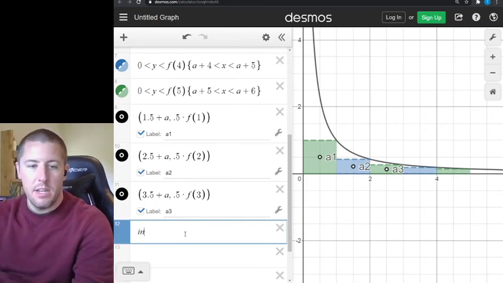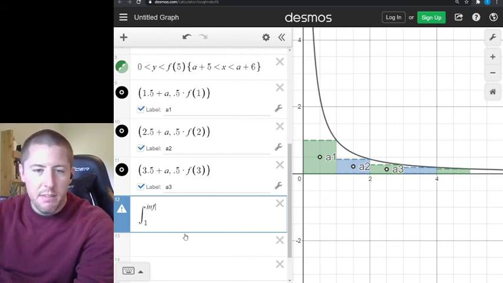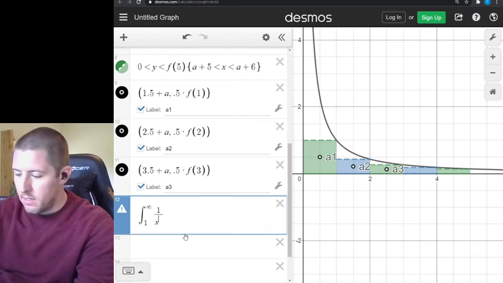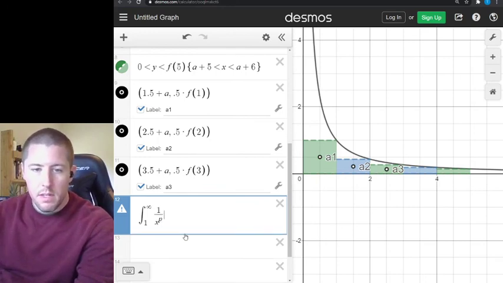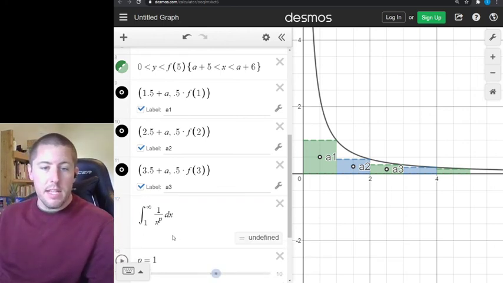In Desmos, I can do the integral from 1 to infinity, typing infty for infinity. What are we computing the integral of? 1 over x to the p, dx. It asks me if I'd like to add a slider bar for p, and I say yes.